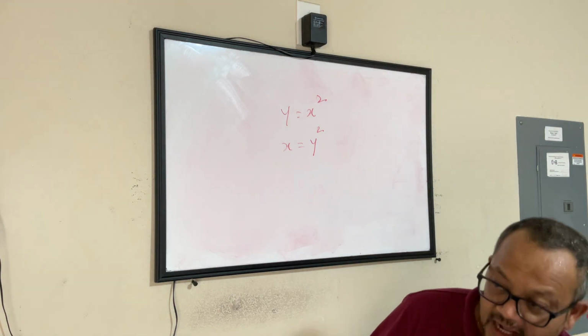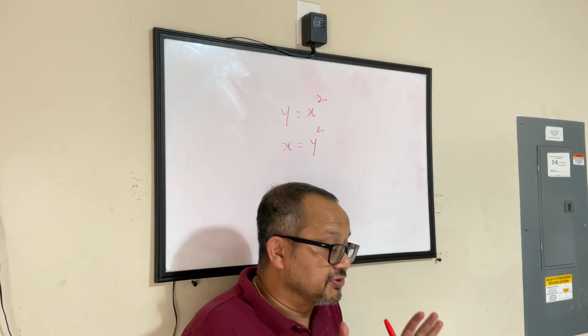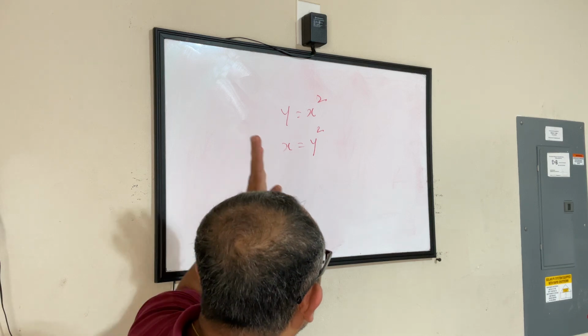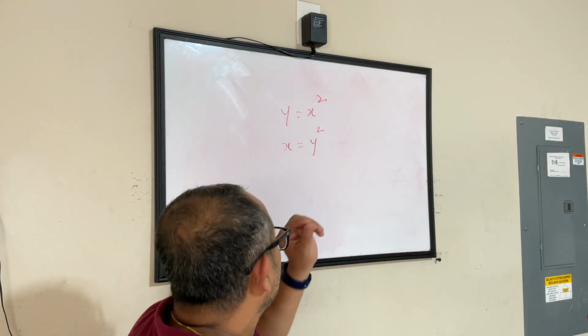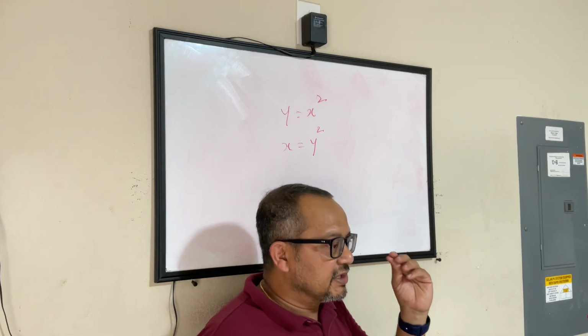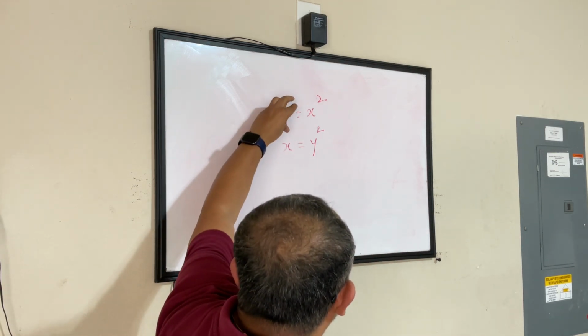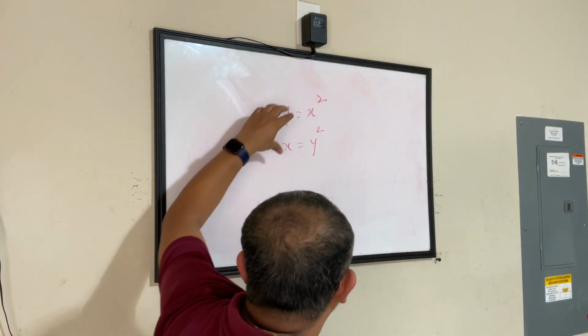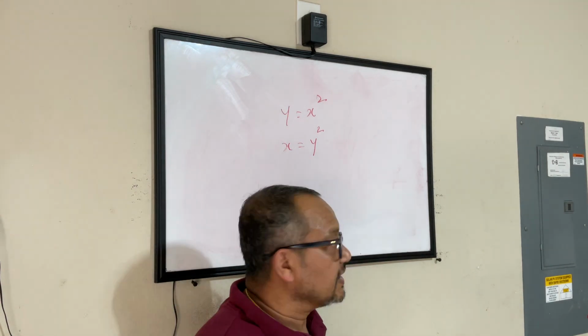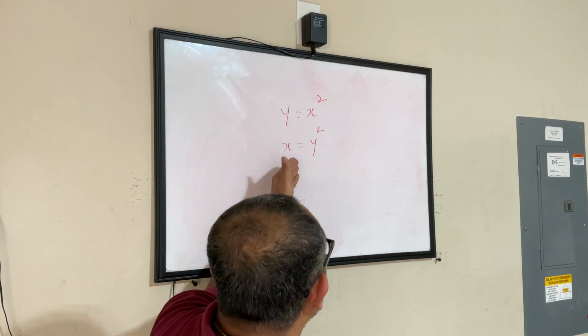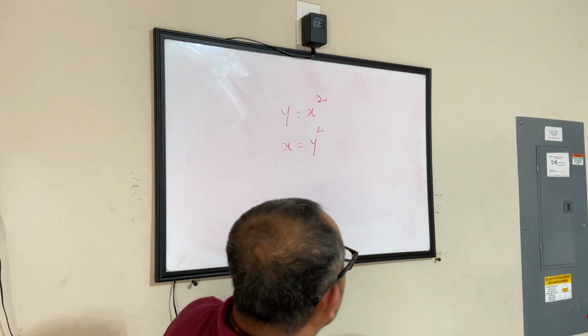Okay. Now, I'm just curious. I have no clue what happens in this case. My only going-in position is that this is a relationship between x and y. This is also a relationship between x and y. I can just identify the relationship between x and y by putting them in a table and see what happens.